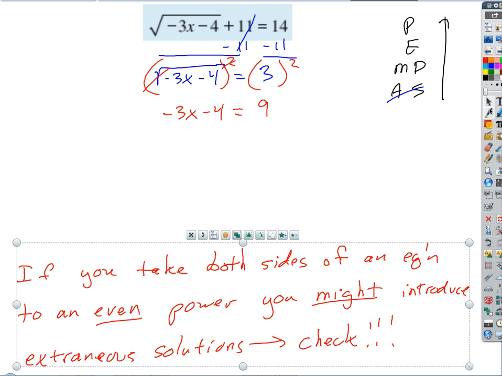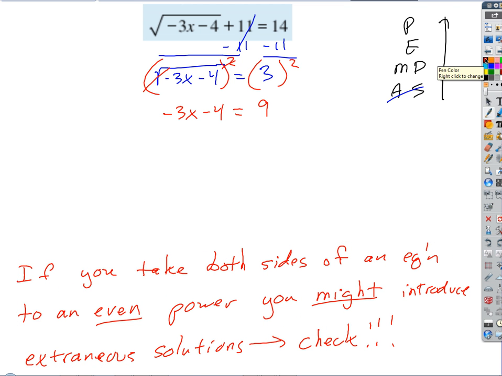Now what? So add 4, and then what? Divide by negative 3. So if I add 4, I'm going to get negative 3x equals, what, 13? Okay, and then what from there? Divide by negative 3. So I'd end up with x equals negative 13 thirds would be my answer.